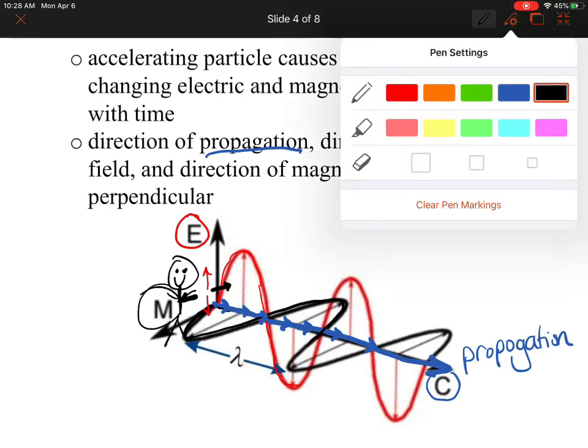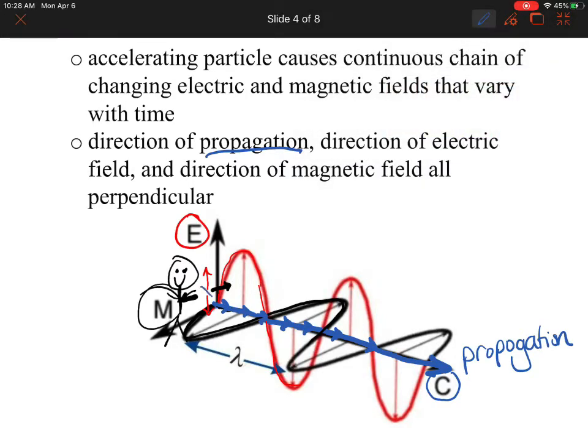Those are your three perpendicular situations. Again, away from you, electric field going up and down, magnetic field going back and forth. And that's how they are mutually perpendicular. And of course, that could be in any situation. The electric field doesn't have to be going up and down. It could be going back and forth. The magnetic field could be going up and down.